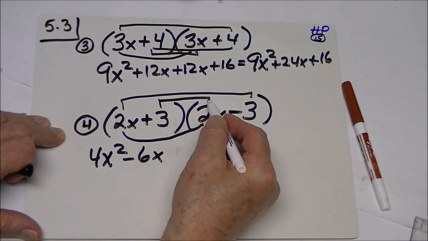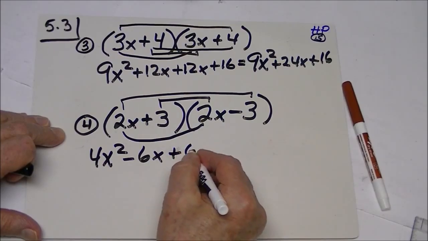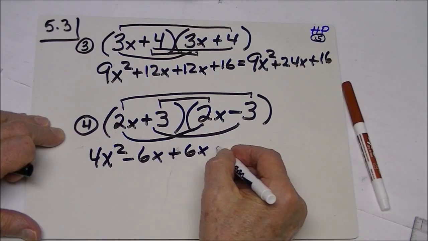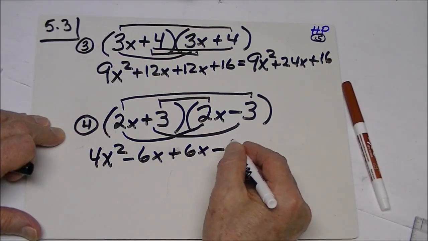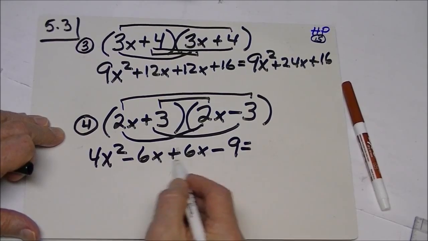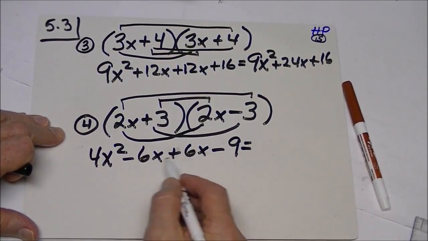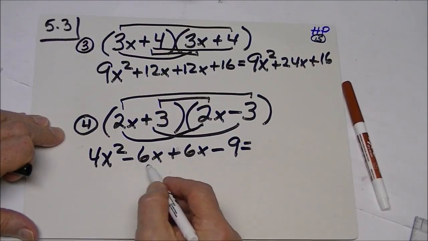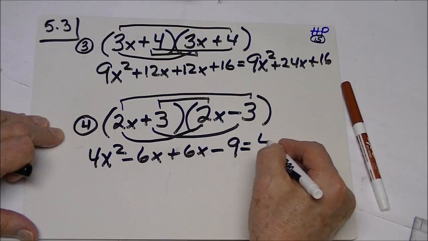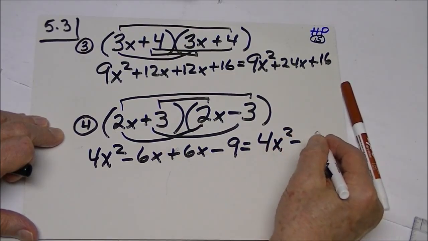When we do our inners, we get a positive 6x. And when we do our last, we get a negative 9. Again, we have like terms in the middle, but an interesting thing happens to them. They're just going to subtract out. So we end up with this, 4x squared minus 9.